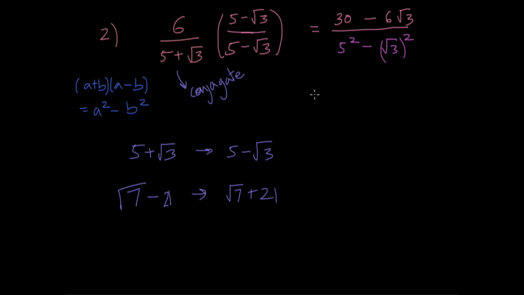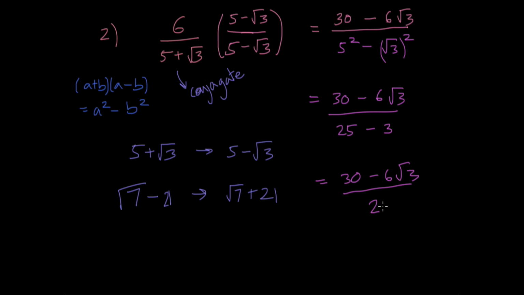Okay? So that's going to be 30 minus 6 root 3 over 5 squared is 25 minus root 3 squared is 3. We saw that when you multiply a root by the root, it's just going to be the number inside, which is 3. That's going to be 30 minus 6 root 3 over 22.